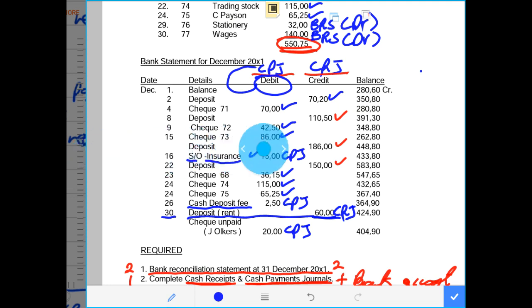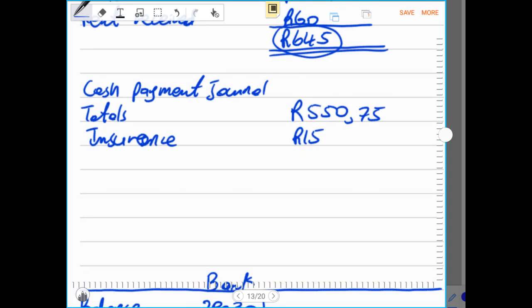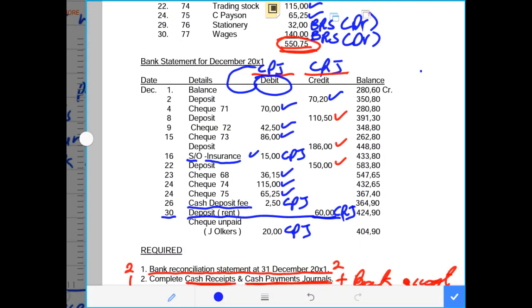Bank charges is money that we pay to the bank because of making use of the services of the bank. So this will be called bank charges, and bank charges was 2 rand 50 cents.